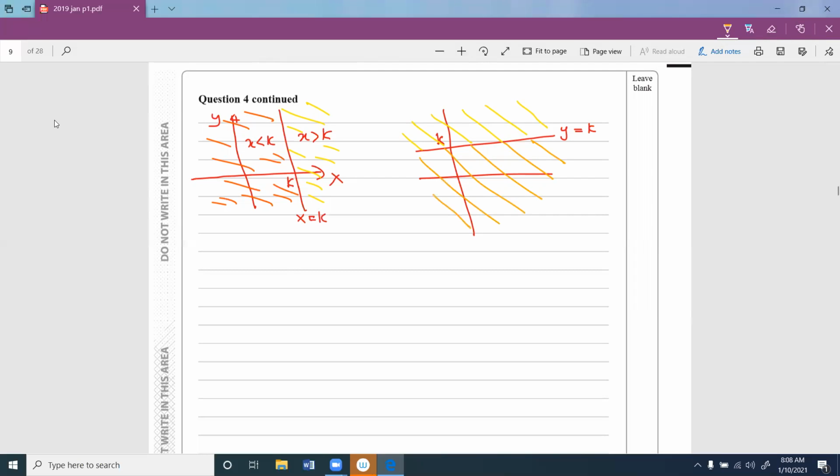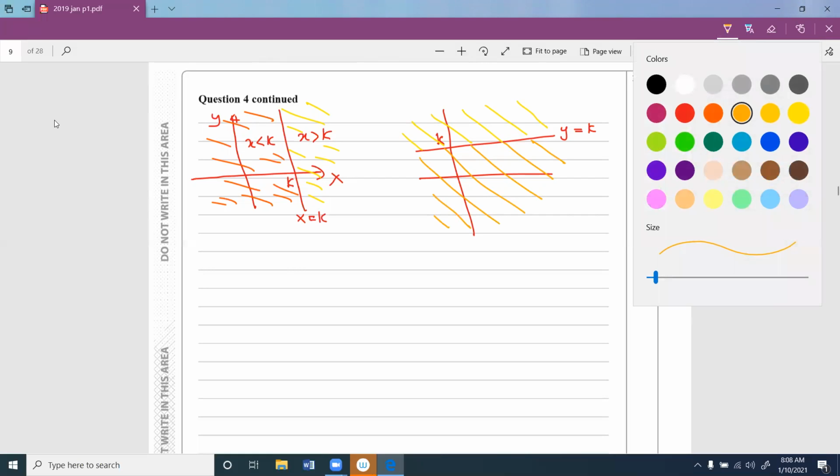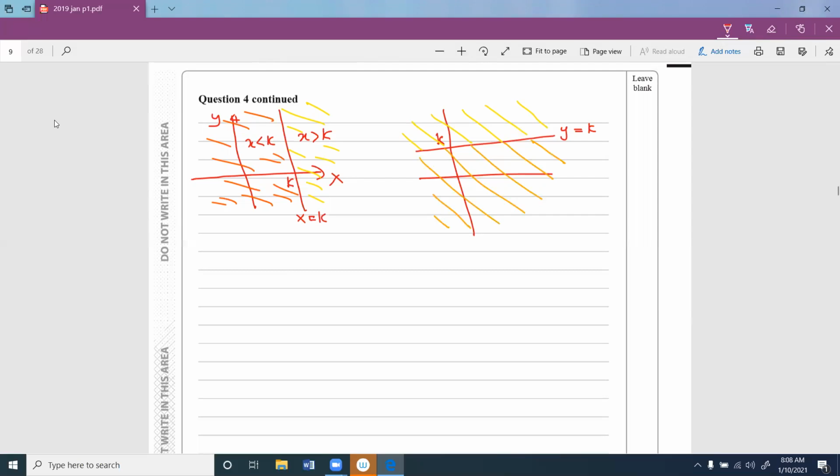Referring to this yellow area, this is y equals k, the area above becomes y greater than k, and the area below becomes y less than k. That is the fact we have to understand about horizontal lines, right?